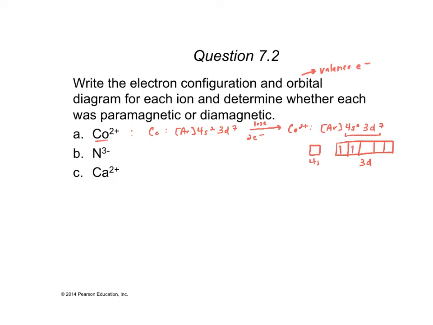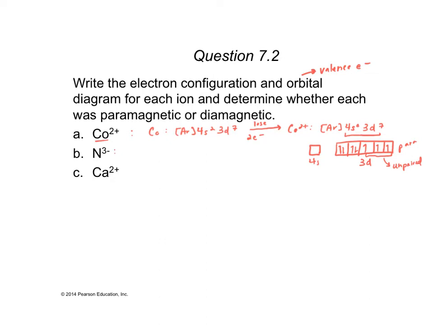Using Hund's rule, I'd put them in singly first, and then I'd go back and pair their spins. So it's 1, 2, 3, 4, 5, 6, 7. In these last 3 orbitals, these are all unpaired. Since I have unpaired electrons, this is paramagnetic. Unpaired electrons give you paramagnetic atoms. This would be attracted to, or interact with, a magnetic field if we applied it.